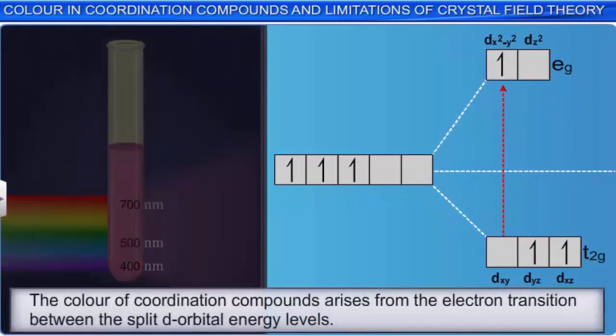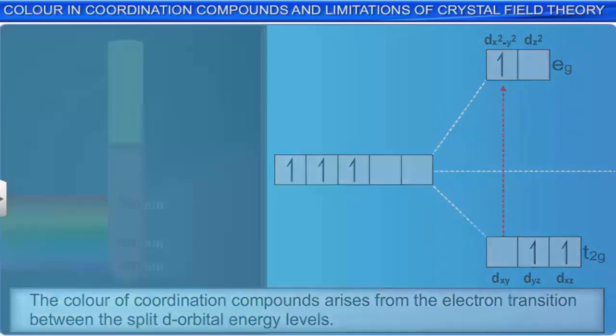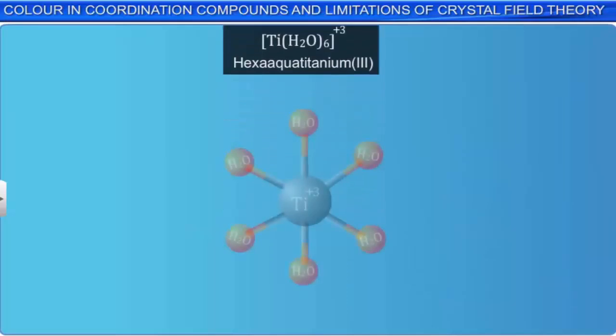Let us take the example of [Ti(H2O)6]3+ to understand this. [Ti(H2O)6]3+ is an octahedral complex, in which titanium is in the +3 oxidation state and has a single electron in the d orbital. The single electron is present in the lower t2g level in the ground state of the complex.